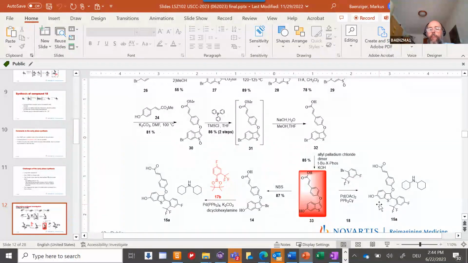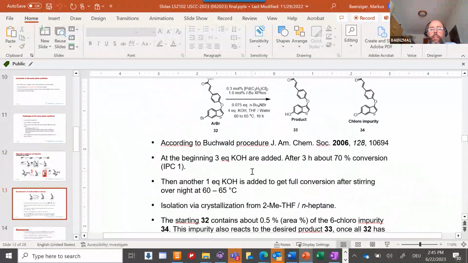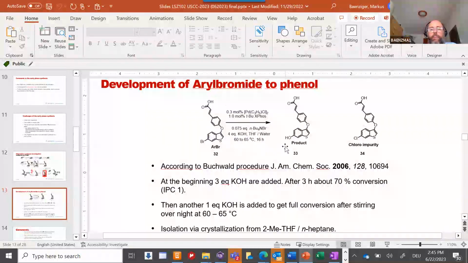But in parallel, we were also investigating the CH activation here with the precursor of this 17B, the bromofluoro aromatic, with palladium acetate and cyclohexyldiphenylphosphine, giving the same intermediate, which we wanted to isolate as the dicyclohexylamine salt, and then purify.